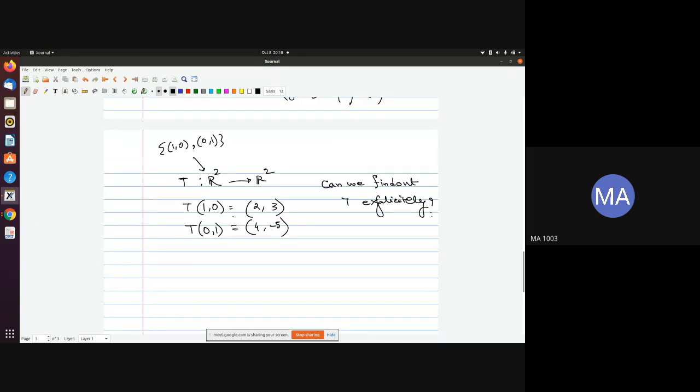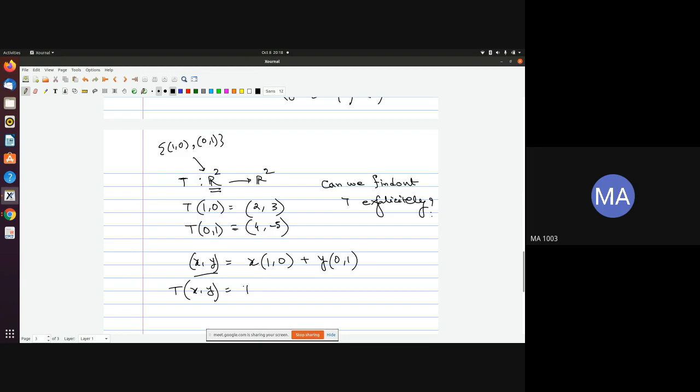So what we are doing? Any element of R2 is basically of the form x, y, and any element can be expressed as a linear combination of the basis elements. That we know. So I can write it as x into 1, 0 and y into 0, 1. Now, if I take T of x, y, T is a linear transformation, that we know.